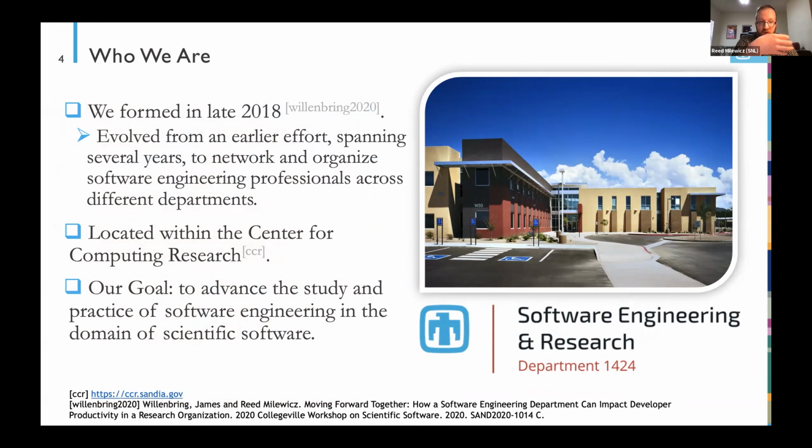Our goal in our work is to advance the study and the practice of software engineering in the scientific domain. So we want to bring software engineering expertise to the labs, but more than that, we also want to be innovators, people who are pioneering new and better ways of working with and thinking about research software. But what does that mean exactly? So I want to give you our philosophy, how we look at things.